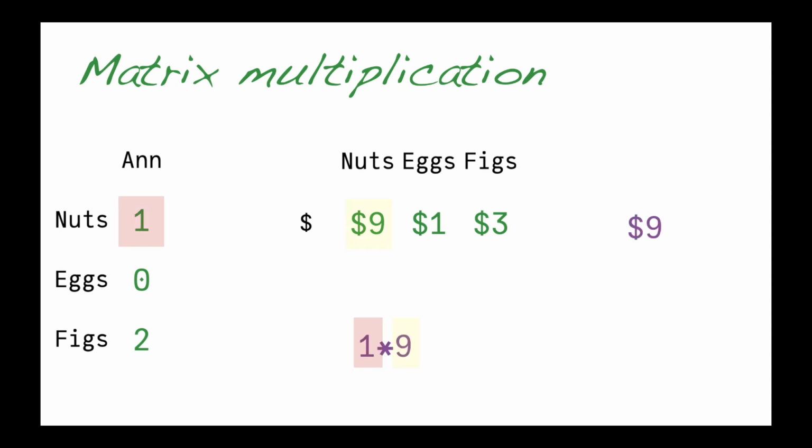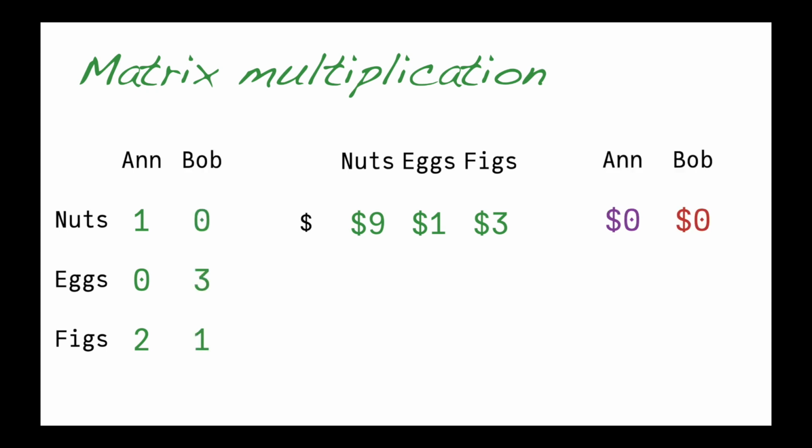Well, Anne's going to get 1 bag of nuts for $9, 0 bags of eggs for $1, and 2 bags of figs for $3. And then that's going to land a price of like $15 or something like that. So this is basically what's happening here.